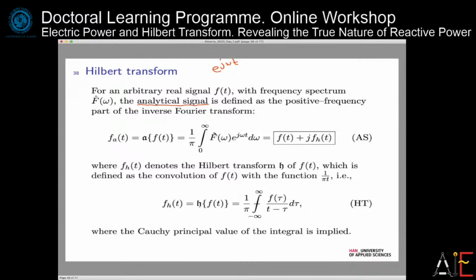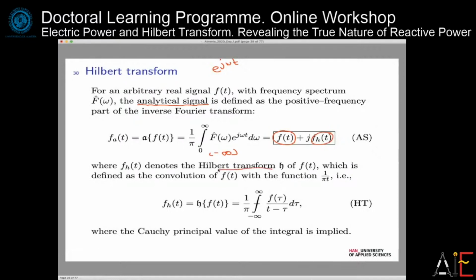Here you have the Fourier transform, and normally you take this from minus infinity to infinity. But now we take it from 0 to infinity, and we use a slightly different factor over here. What we then get is our original real signal back from this operation.